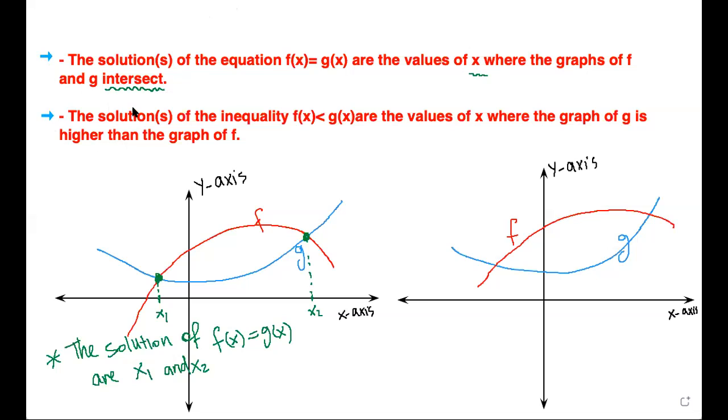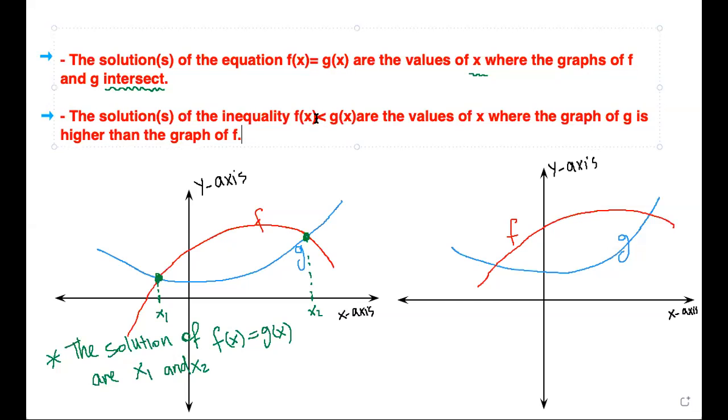Okay, for the second one, the solution of inequality. So if I have an inequality, and the question is asking about the solutions of the inequality when the function f of x is less than the other function g of x, or the value of x where the graph of g is higher than the graph of f.